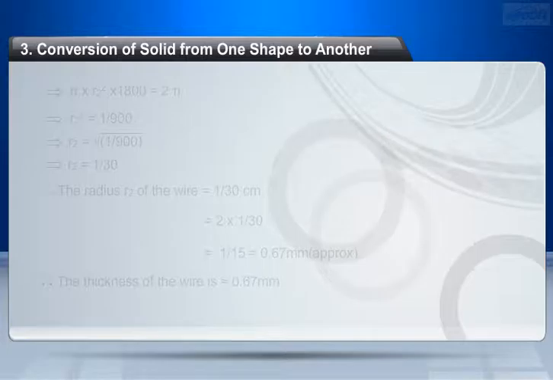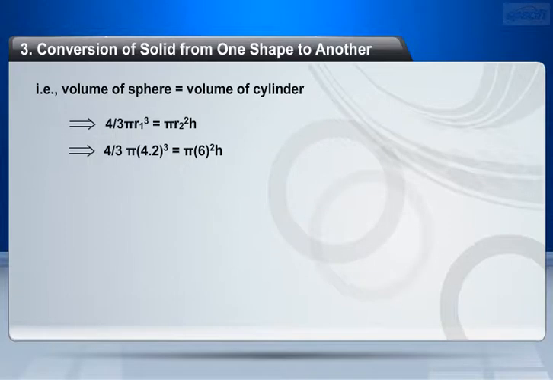Therefore, outer radius r2 equals 11 by 2 meters. Inner radius r1 is calculated as the difference between the outer radius minus the width of the embankment. Therefore, inner radius r1 equals 11 by 2 minus 4. This is equal to 3 by 2. Therefore, inner radius r1 equals 3 by 2 meters.